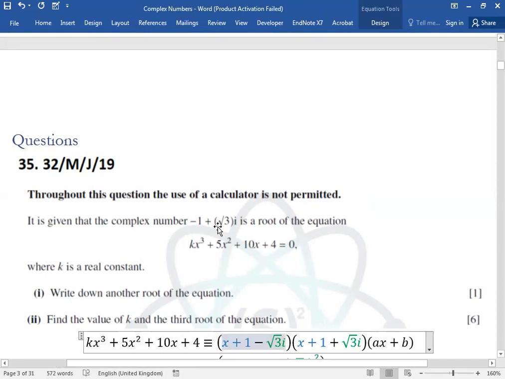If I tell you x is equal to 2 is a root, so x minus 2 is the factor, right? If x is equal to 5 is the root, x minus 5 is the factor. Similarly, if the question has provided me with the root, can I say this entire thing is a factor? This is one factor, this is the second factor, and the polynomial is cubic. And these are two linear factors, right?